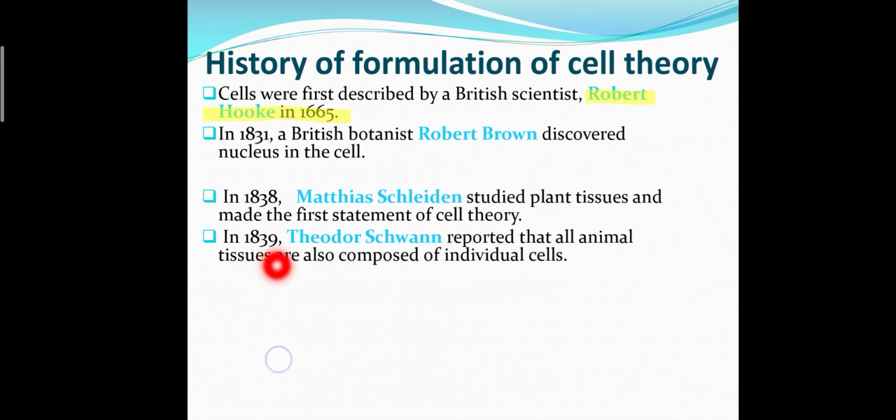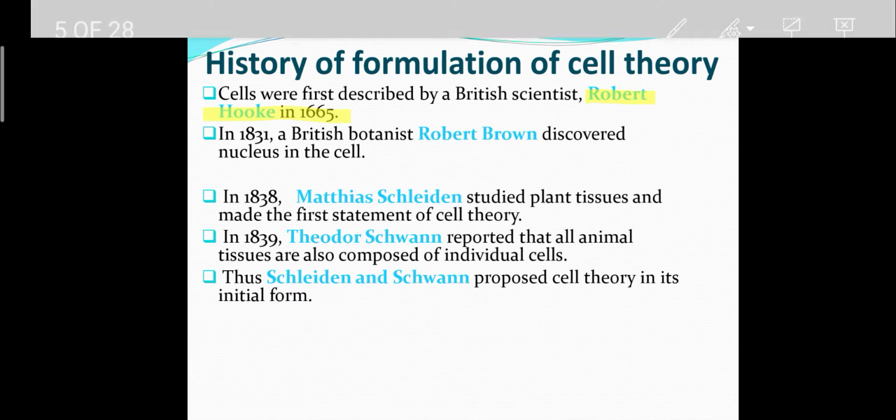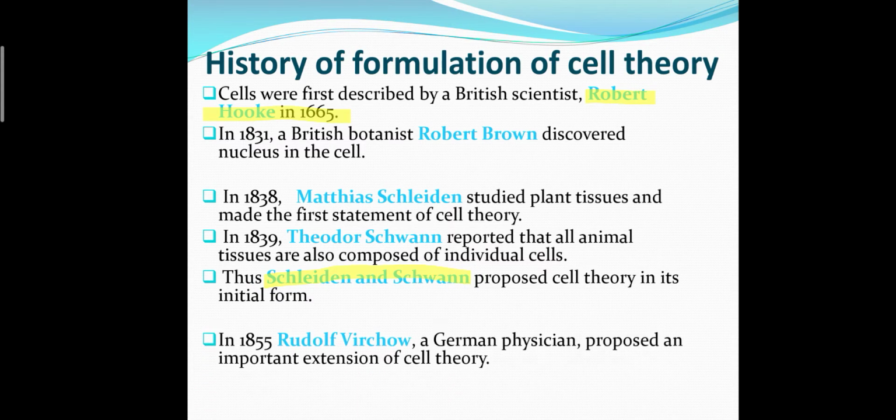In 1839, Theodor Schwann reported that all animal tissues are also composed of individual cells. Thus, Schleiden and Schwann proposed cell theory in its initial form.